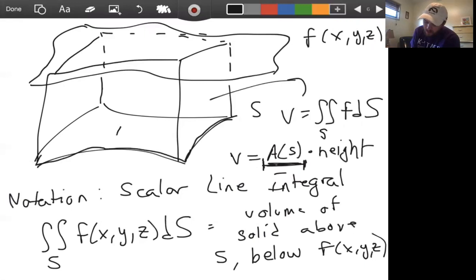And we did this by introducing a partition, and then we got these sub regions here.